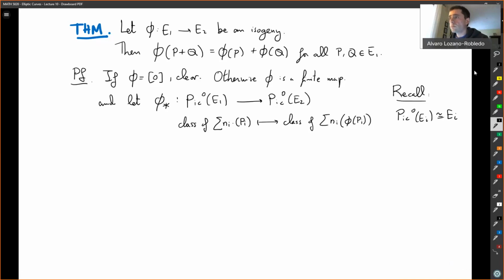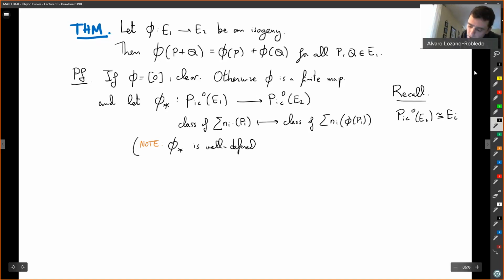By the way, this is well defined. To see that, we need to know that principal divisors go to principal divisors.